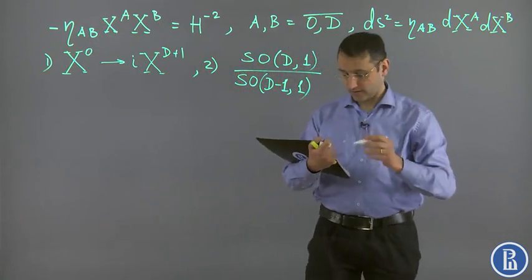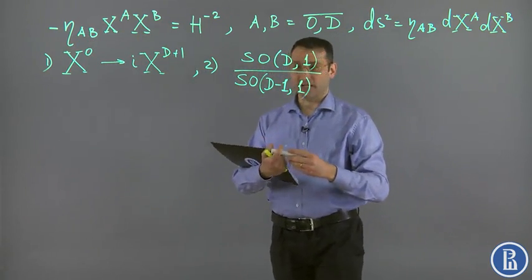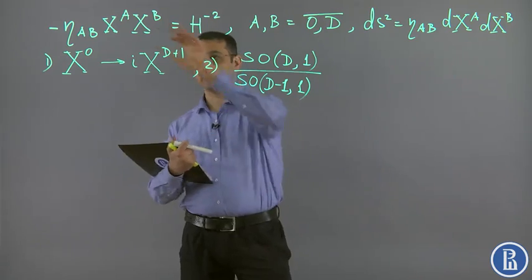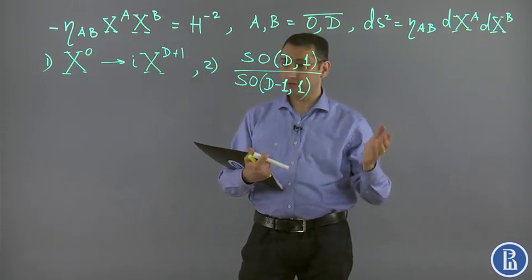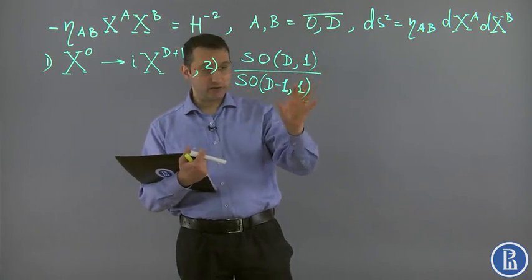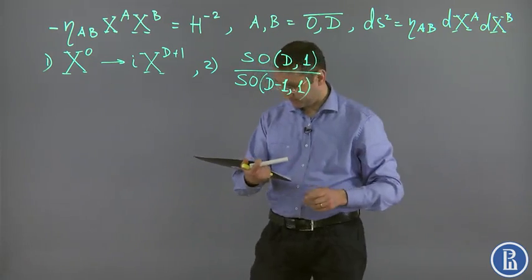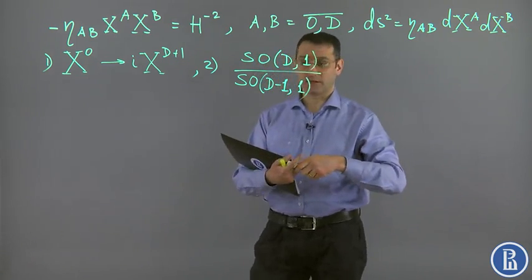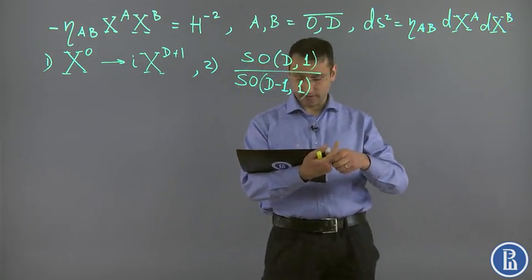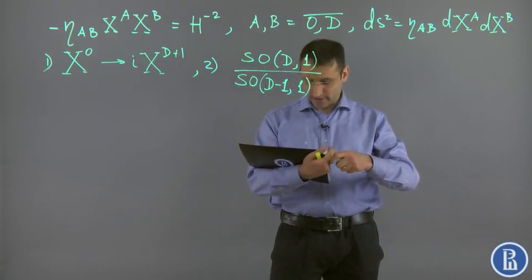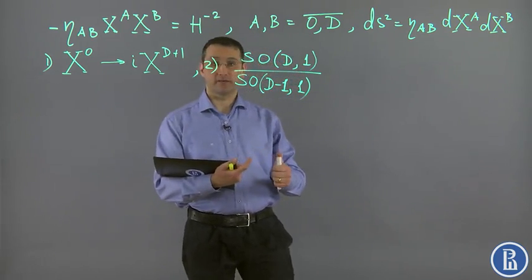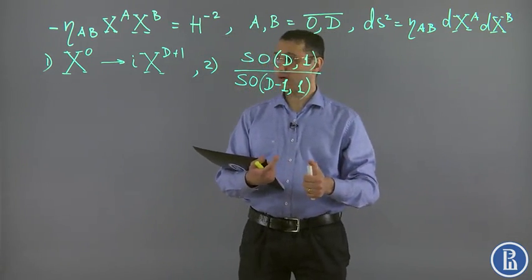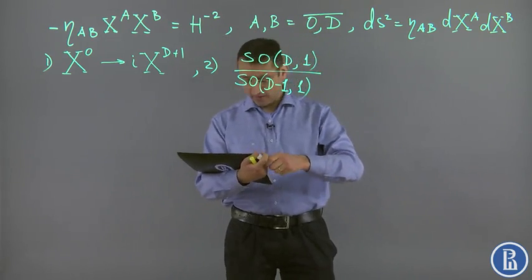And this tells us that every point in this space is equivalent under the action of this group to every other, and every direction is equivalent to every other, up to the difference between space-like and time-like directions. There are several other observations that can be made on the basis of this.